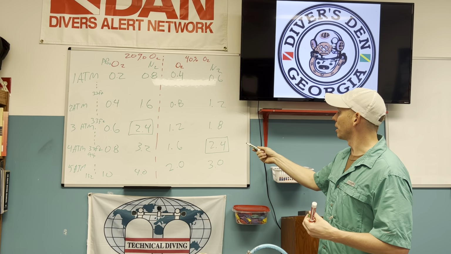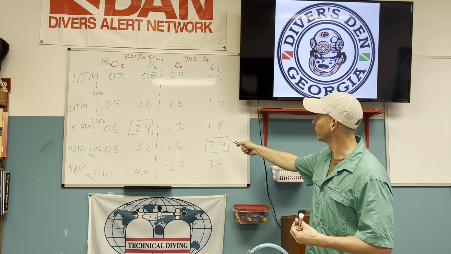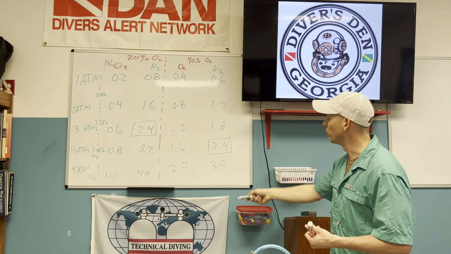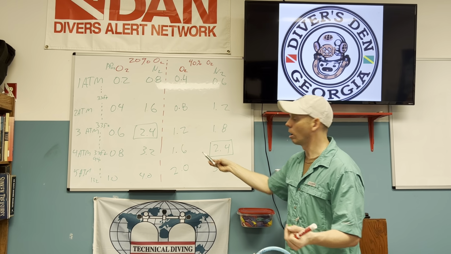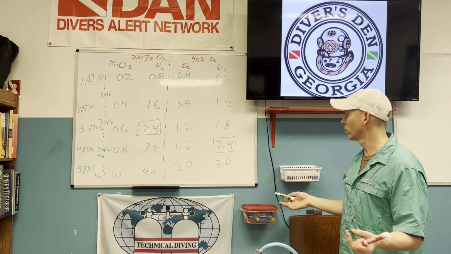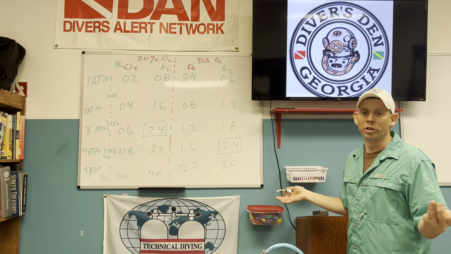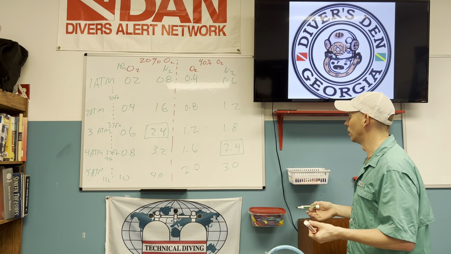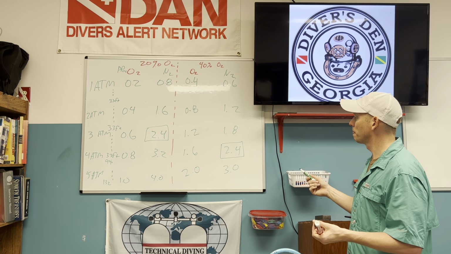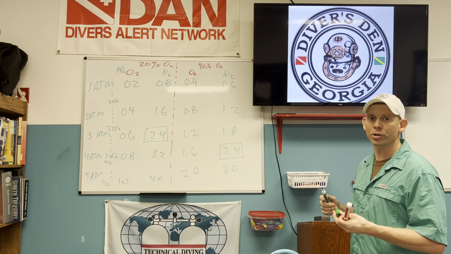But you might think, well, if I can get this to 0 by breathing 100% oxygen, why wouldn't I just do that? If I can make this 0, I would have no decompression limit at all. Well, that's one of the hazards of oxygen.